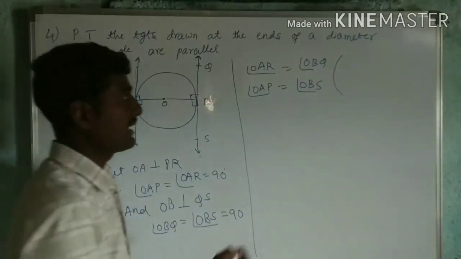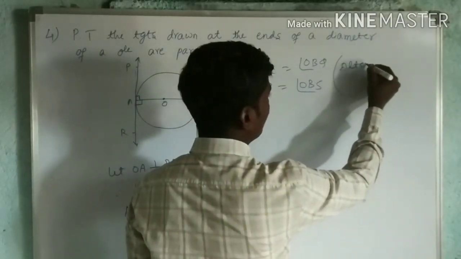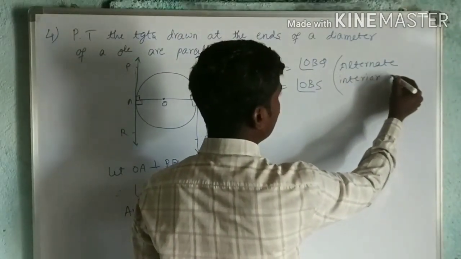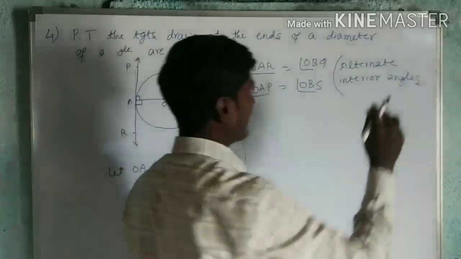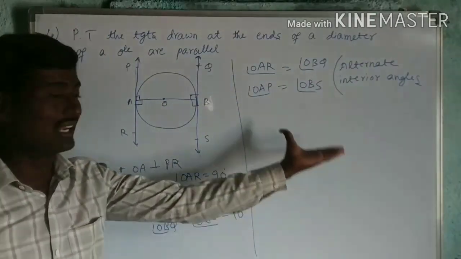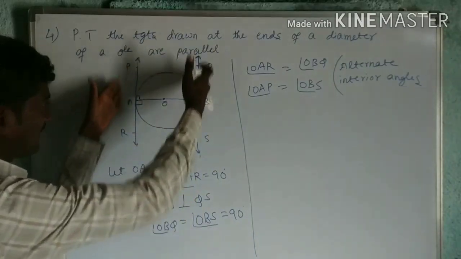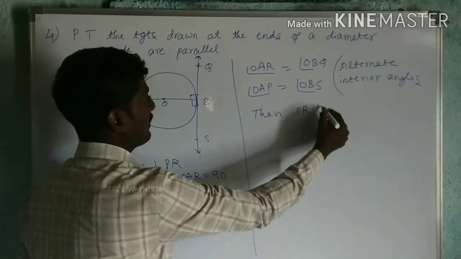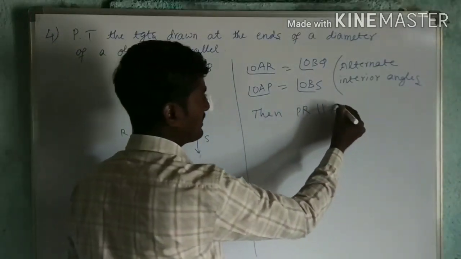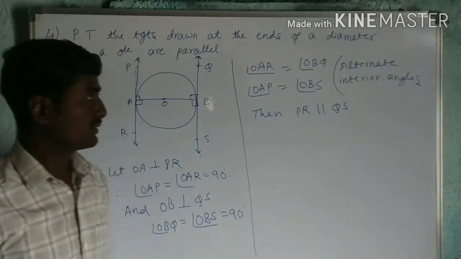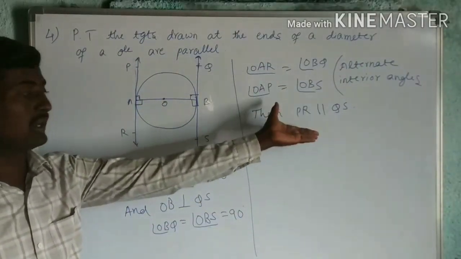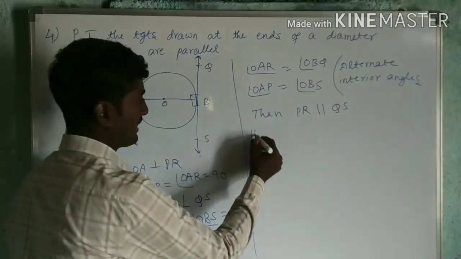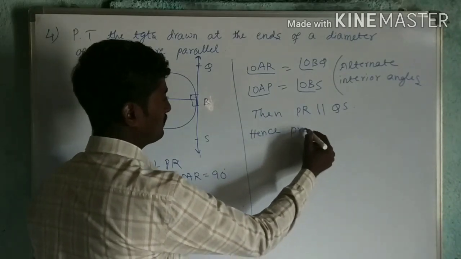If alternate interior angles are equal, then I can say that PR is parallel to QS. Okay. Hence proved.